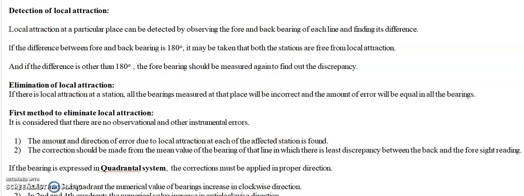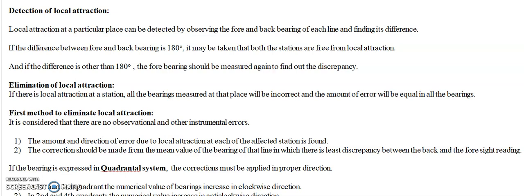So it is assumed that there are no observational or instrumental errors. If the difference is other than 180 degrees, the fore bearing should be measured again to find out whether the discrepancy is due to avoidable attraction from the articles on person, that is chains, tapes, etc. And if the difference still remains, then the local attraction exists at one or both the stations.